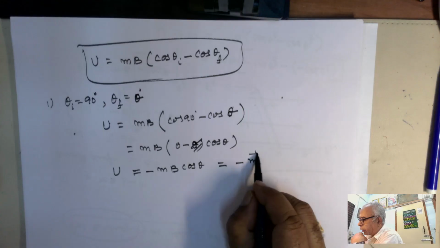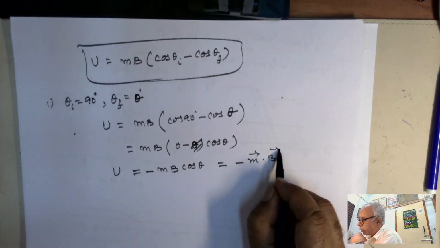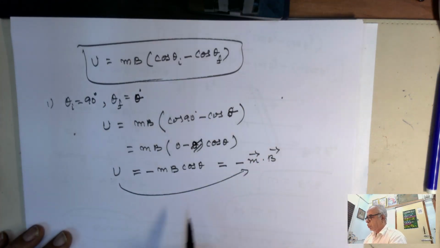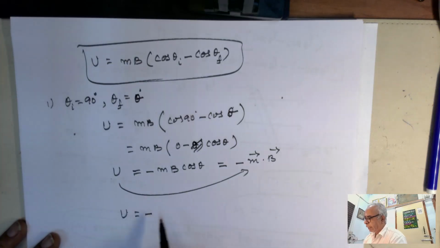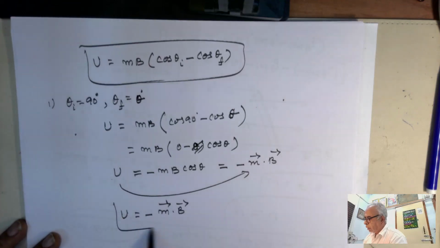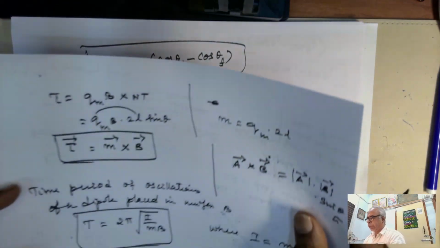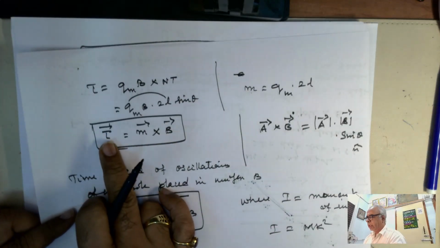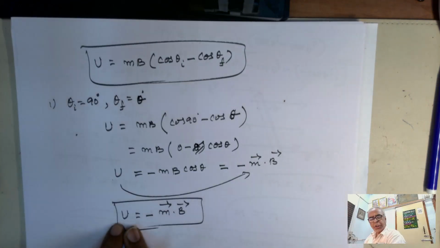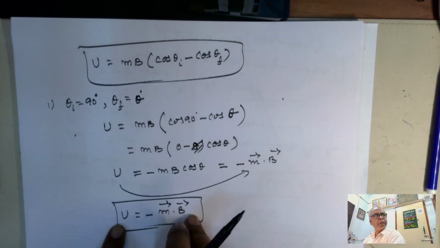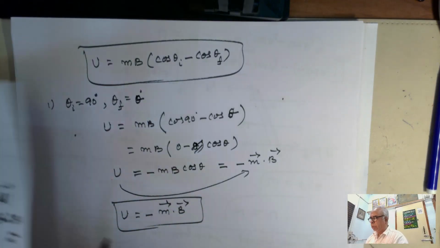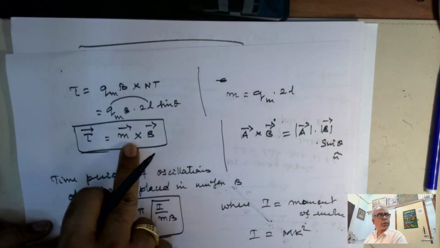So m vector dot B vector. I have converted this into a scalar product, so U is equal to minus m vector dot B vector. Now you can find that in the case of tau, it is a cross product: tau vector is equal to m vector cross B vector, whereas its potential energy is minus m vector dot B vector. It means this is the dot product and this is the cross product.